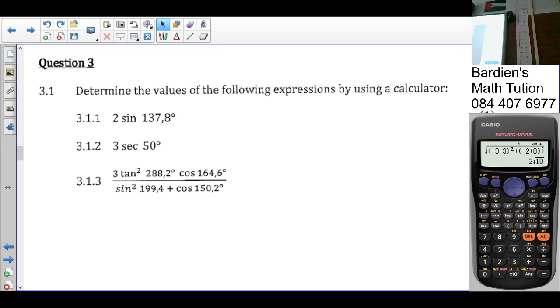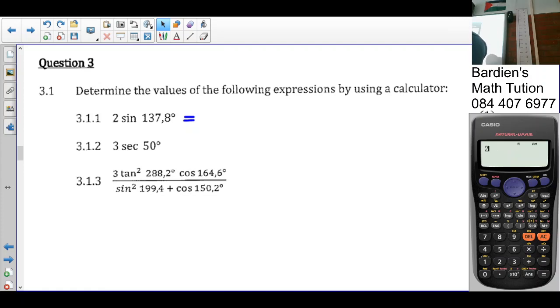Okay. So determine the value of the following expression by using a calculator. So that is fairly simple. When we punch that in our calculator, please ensure that your calculator is in degrees. If it's not, you press shift, number 9, you're going to clear all. So it's now 3, equals, reset.